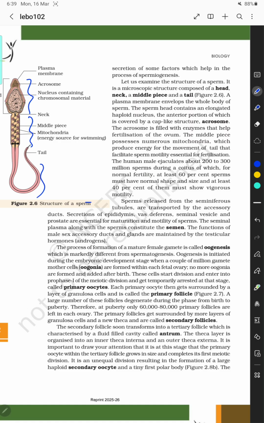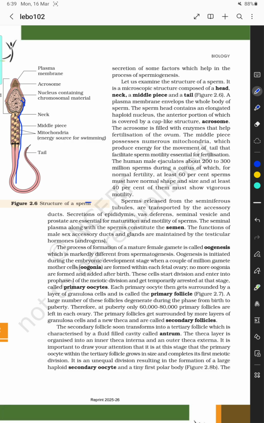In between the head and the middle piece, there is a constriction known as the neck. The sperm is a single cell, so it has a plasma membrane, the outer membrane, which covers the whole body of the sperm.